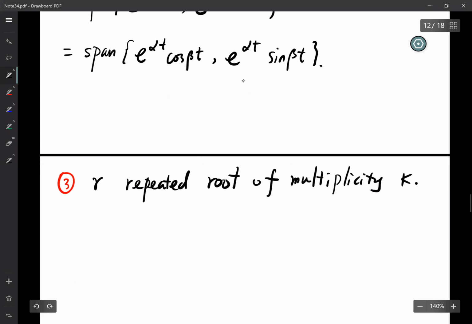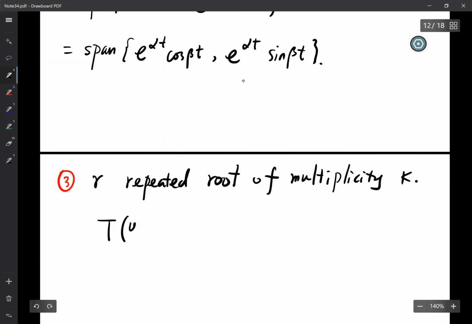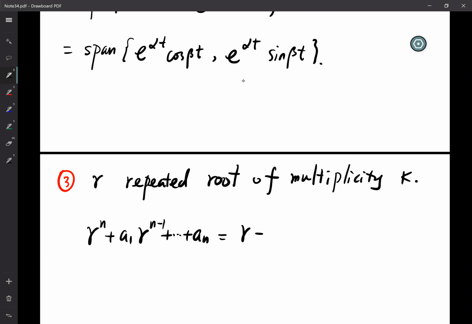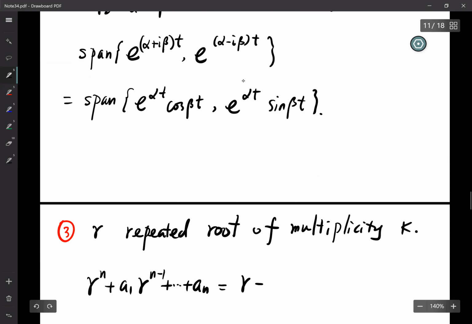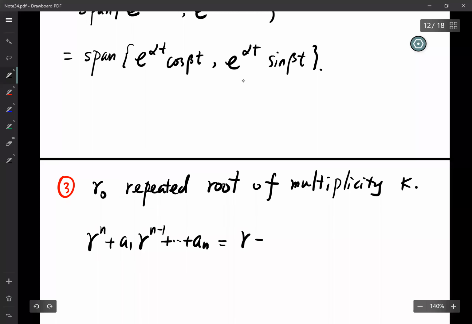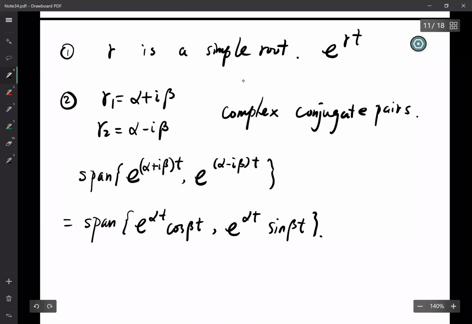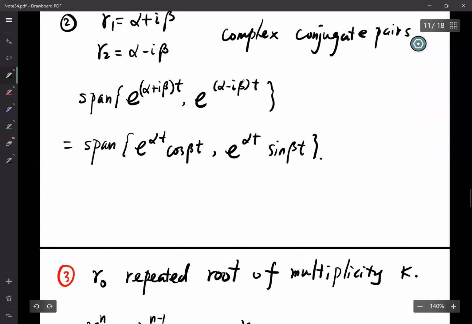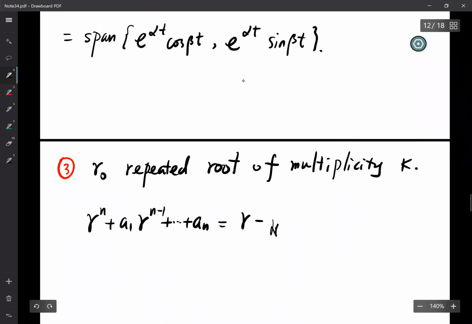What it means is that this polynomial, this is the polynomial of interest, is factorized into, let me use this r naught, because otherwise I cannot write r naught.